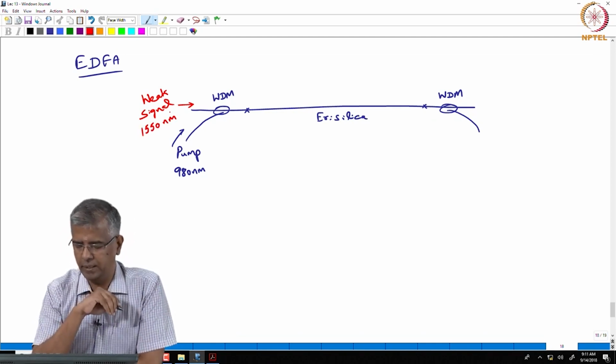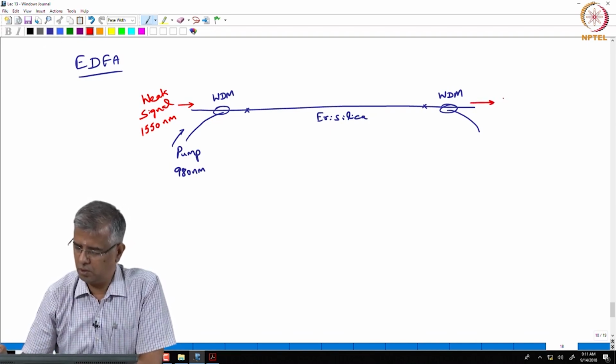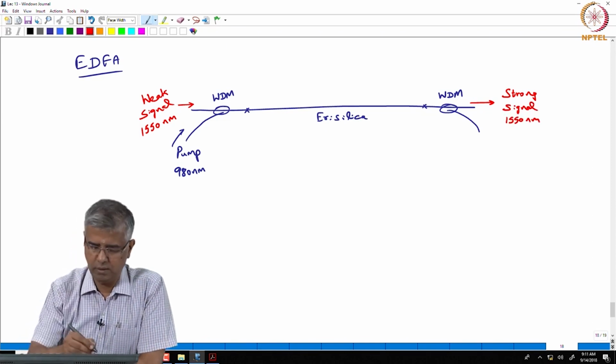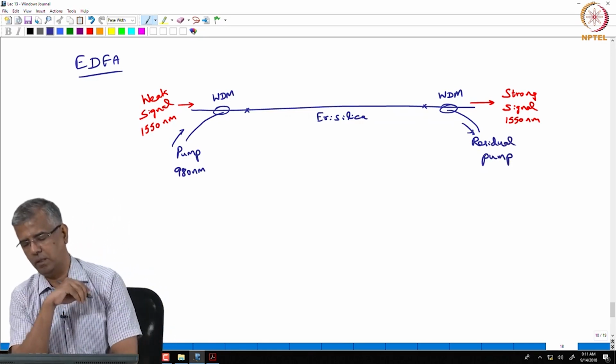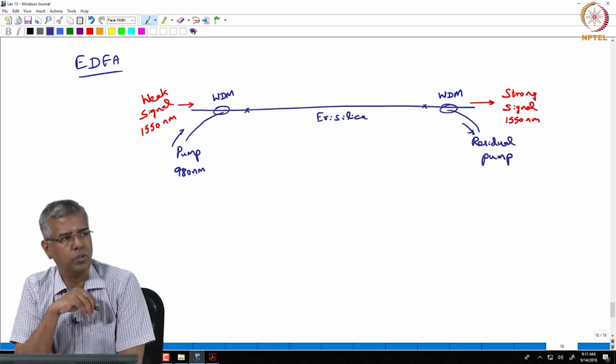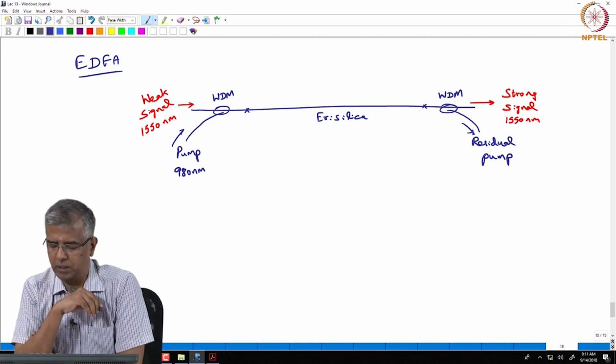Okay. And on the output side, you have a strong amplified signal at 1550 nanometer, and then you may have some residual pump radiation that you can probably remove using another wavelength division multiplexer, which is actually doing a demultiplexing operation.